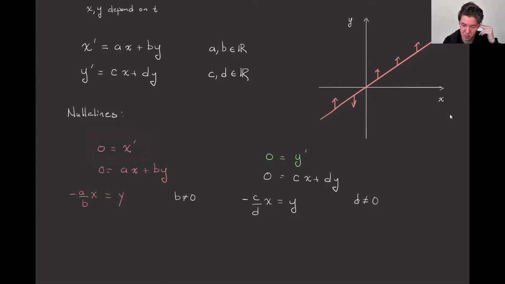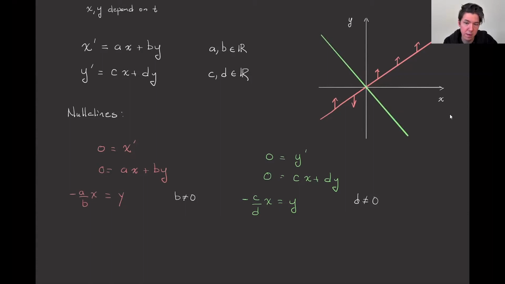Likewise, with this curve 0 is equal to y prime, what that's saying is there's no change in y with respect to time. Hence, if we were to just graph a sample line, we might have something that kind of looks like this.